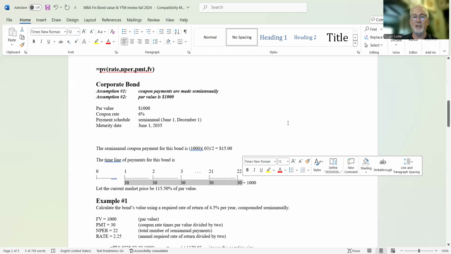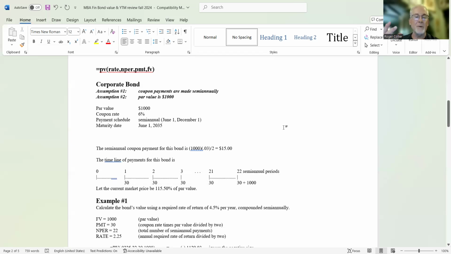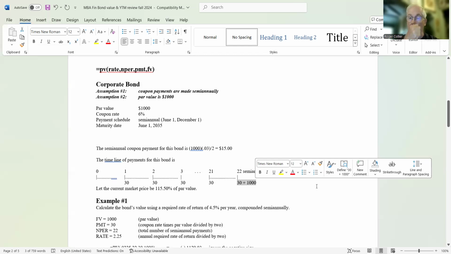That's just the coupon rate times the par value divided by 2 to account for the frequency of the payments, the payment schedule. Then of course, at the maturity date, you get both the par value and the coupon payment. Those happen at the same time at the maturity date.